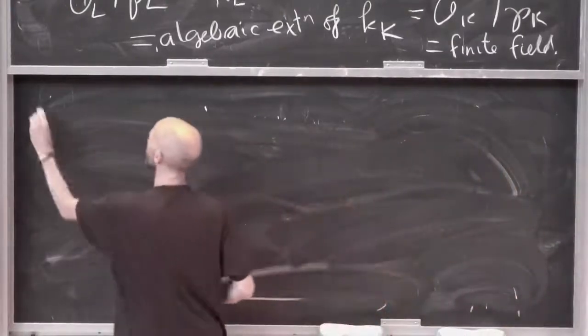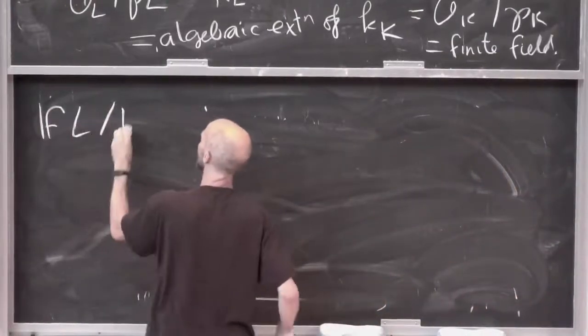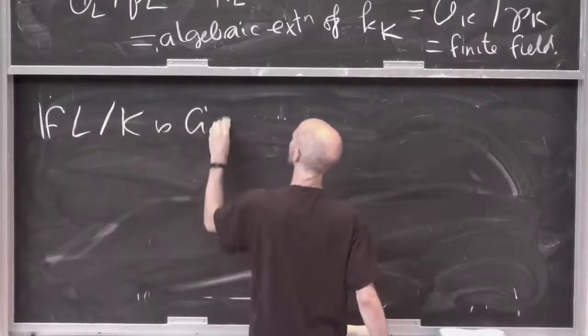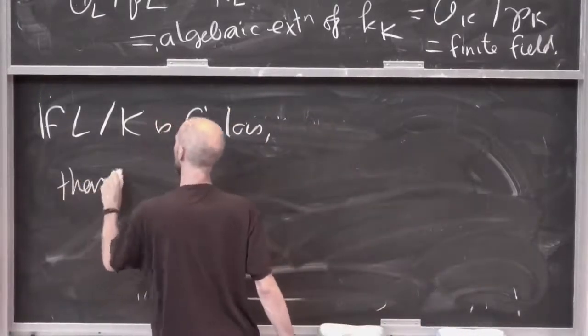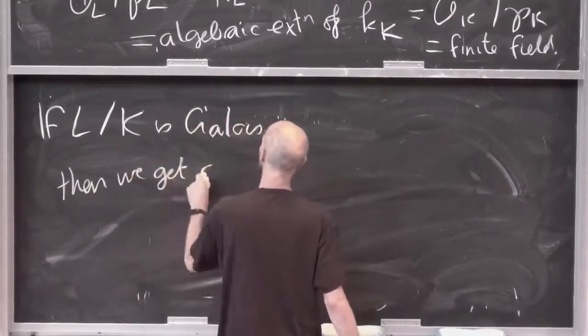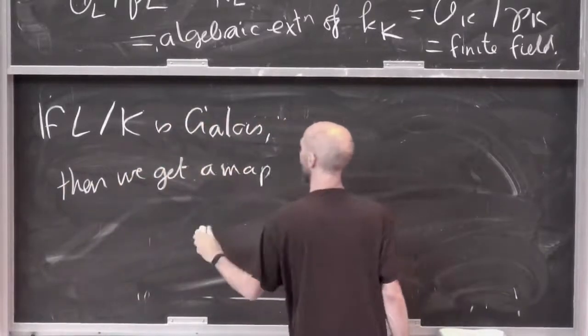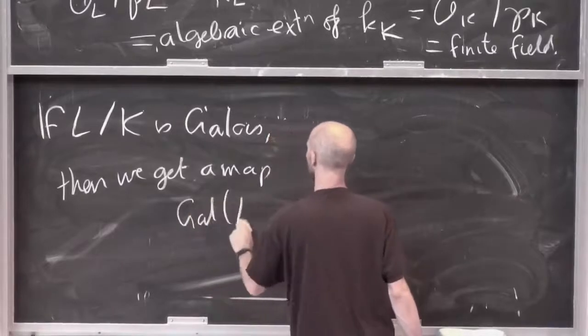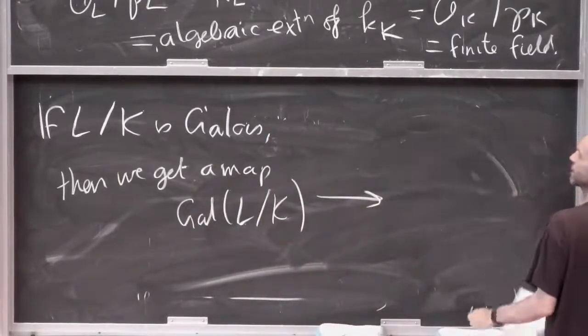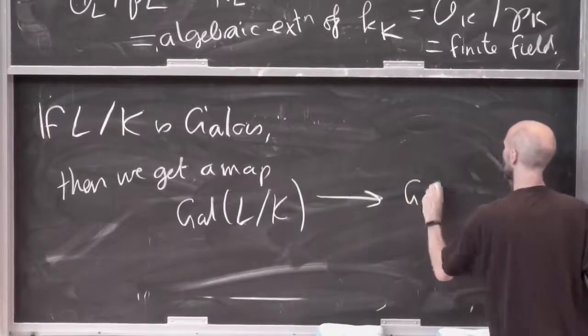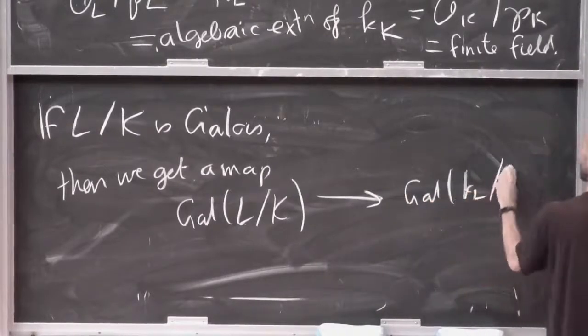So if L over k is Galois, then we get a map from Gal L over k to this extension of residue fields, Gal kL over kk.